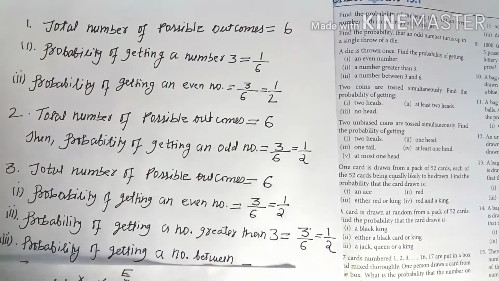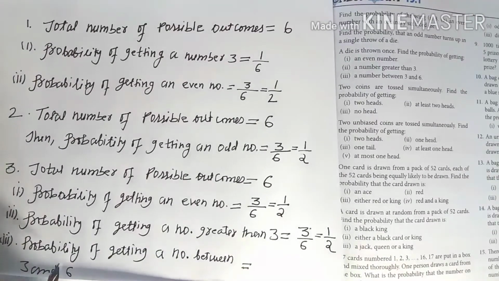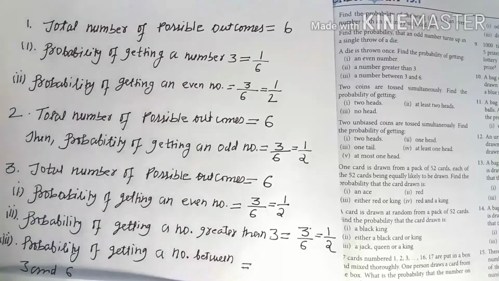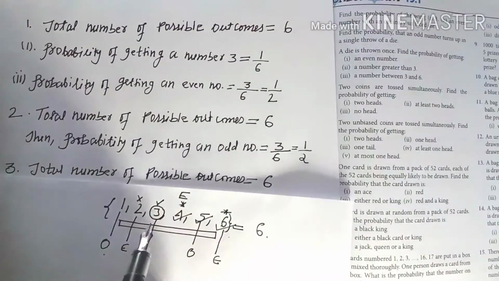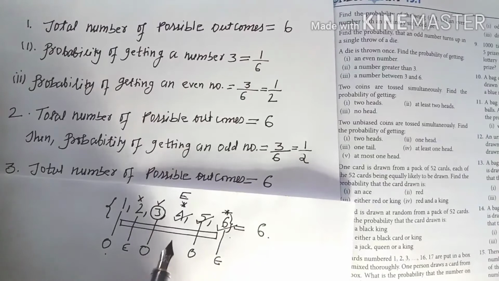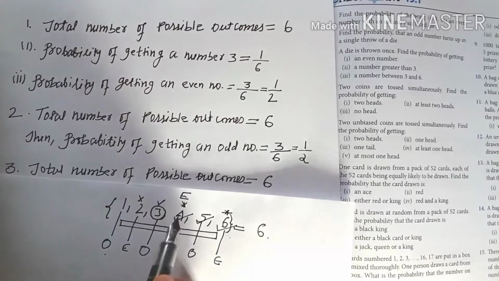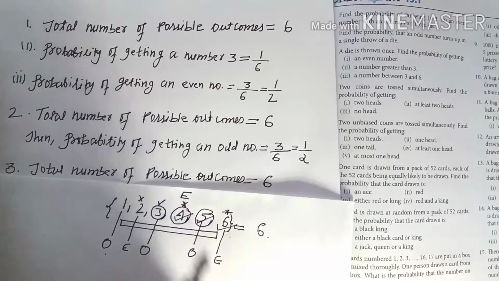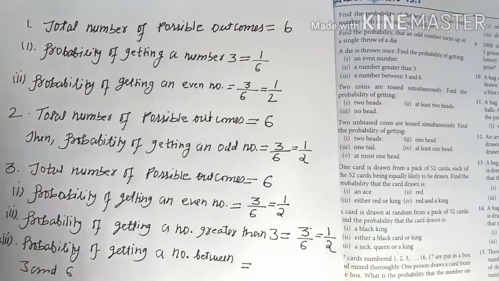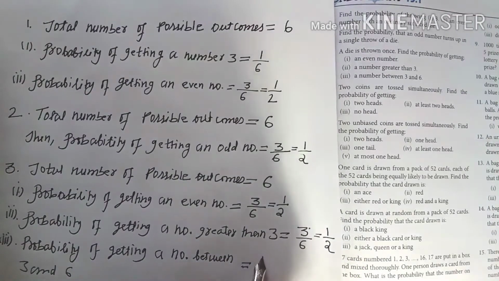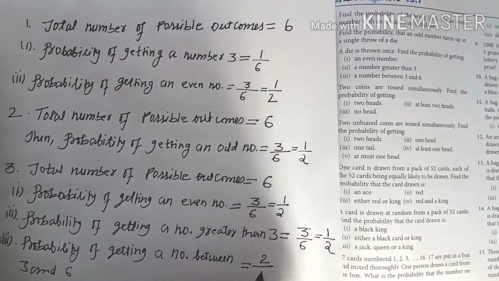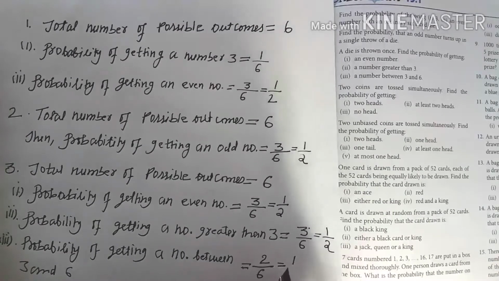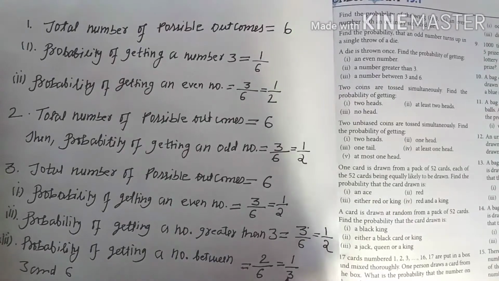Now the third one, find the probability of getting a number between 3 and 6. Which numbers fall between 3 and 6? Yes, they are 4 and 5. So only 2 numbers, which means the probability will be 2 upon the total, which is 6. Again possible to cancel, 2 into 1 times, 2 into 3 times.